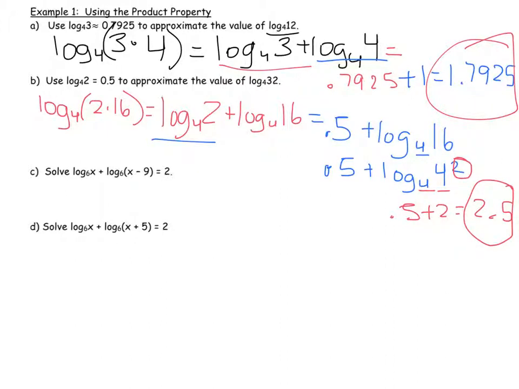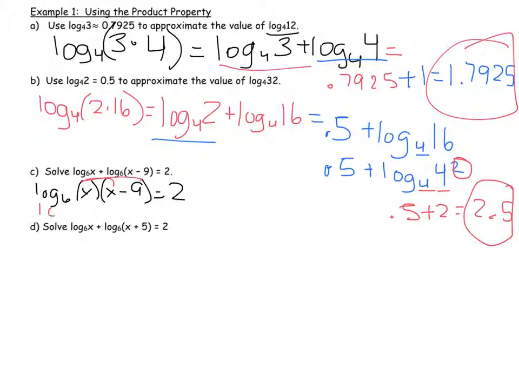In example C, we'll be doing the same type of deal. It is addition, so first we're going to be changing it into multiplication. So here we're going to have log 6 of x times x minus 9, and that's going to equal 2. Okay, so now I can do a little bit of simplifying. I'm just going to distribute first.